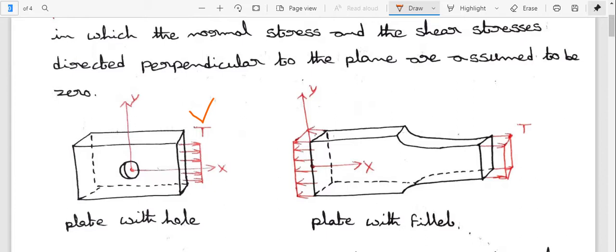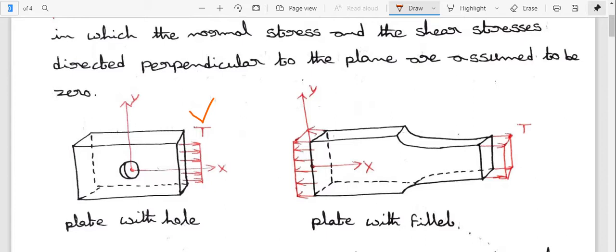The plates are under the state of plane stress conditions. That is, the normal stress sigma z and the shear stresses tau xz and tau yz are assumed to be 0. So here in this diagram, the plate with hole, we can assume along the x-axis and along the y-axis. Some thickness is there, that's why I am considering the z direction.